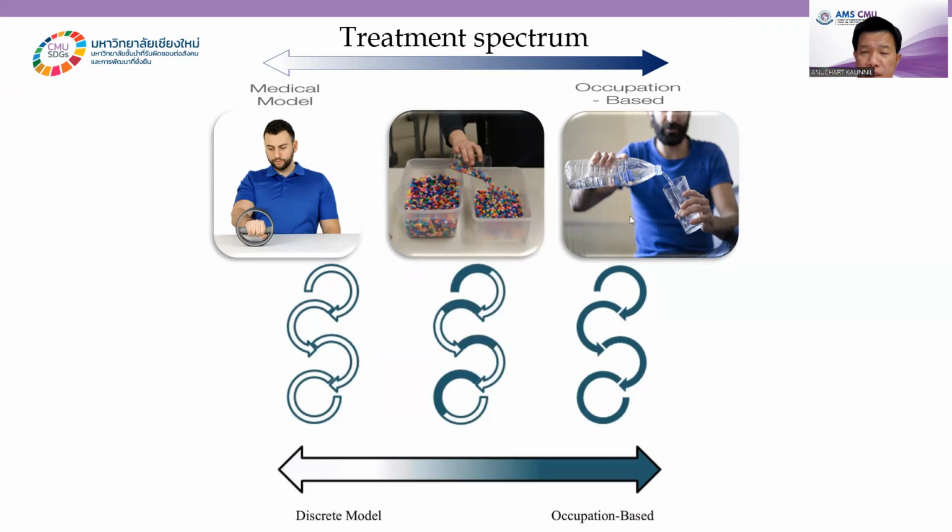And in the last one, you can see the client pour water into the glass until the glass can drink the water. That is the process. The water in the ring is full. This is occupation-based. This is a very easy way to use a picture to represent the rings model of dynamics, the model of occupation-based practice.